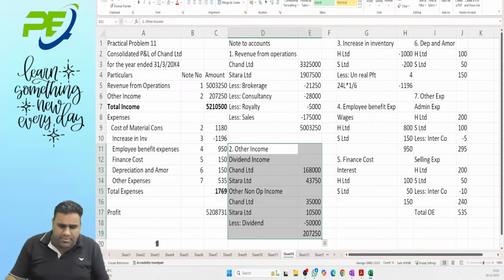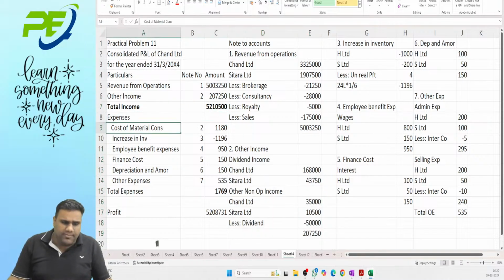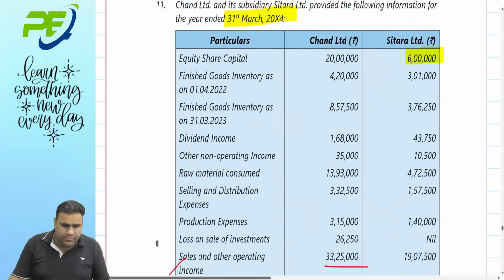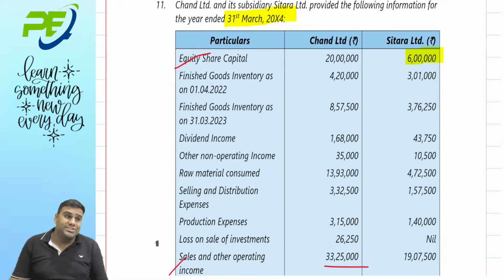So we have to subtract from both. Intercompany owings we have subtracted. Total, we got the total income, then expenses. See, equity share capital will not come in P&L. Finished goods, will it come? Changes in inventory, very good. Changes in inventory, this will come. Dividend income.